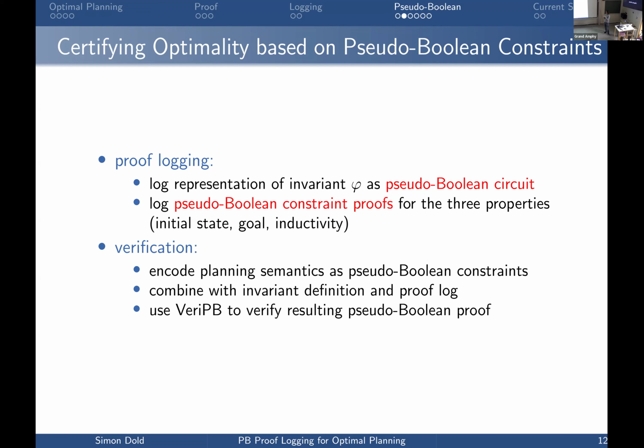And when we combine this with the Pseudo-Boolean circuit for the invariant and the proofs about this invariant, then we can fire up VeryPB to verify for us that this invariant matches to this particular problem. And then VeryPB says, yes, I'm happy with it, and then we are happy as well.